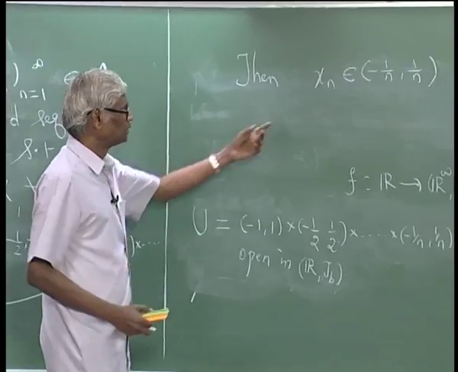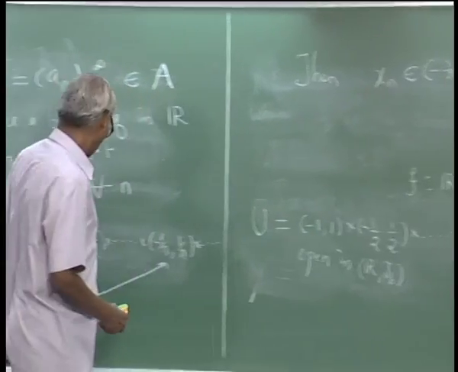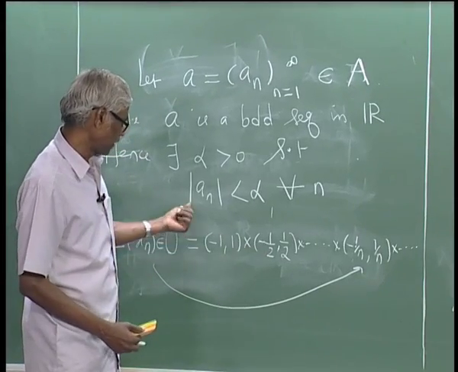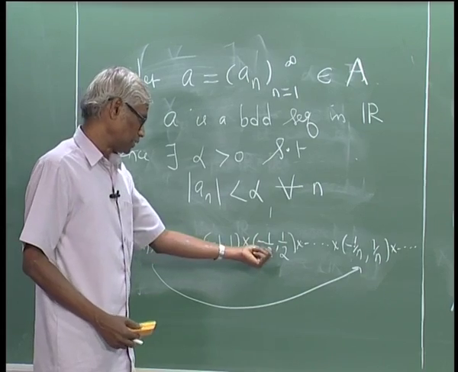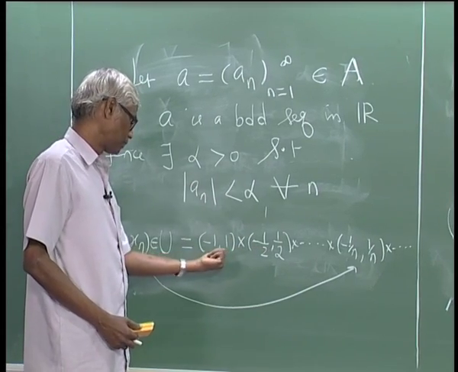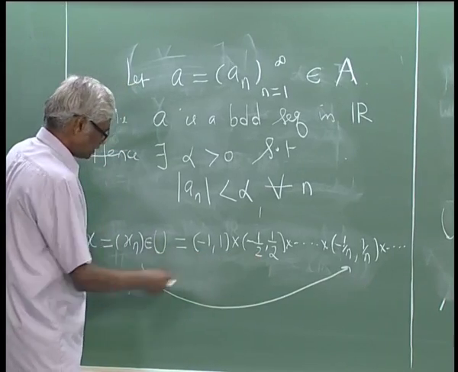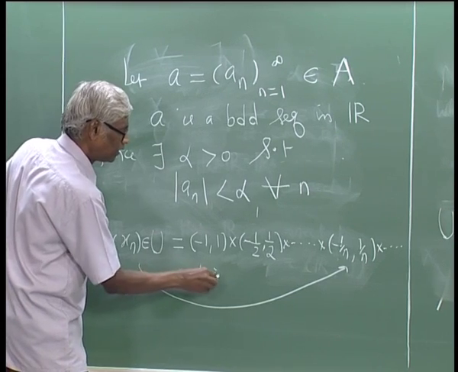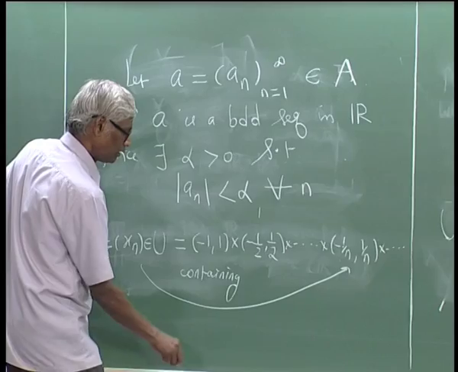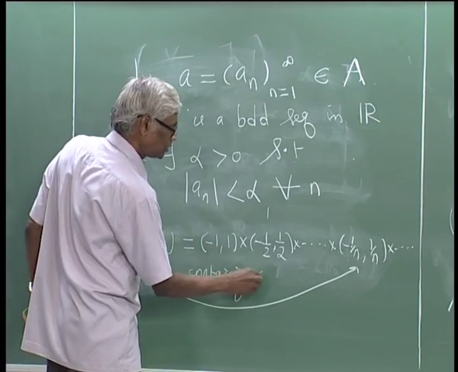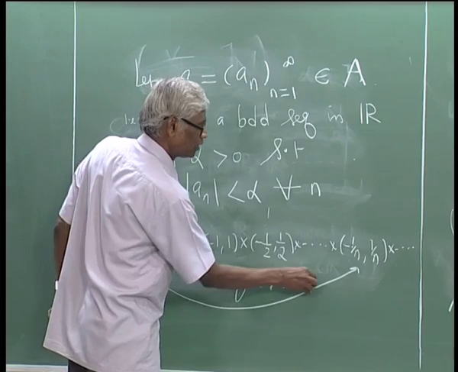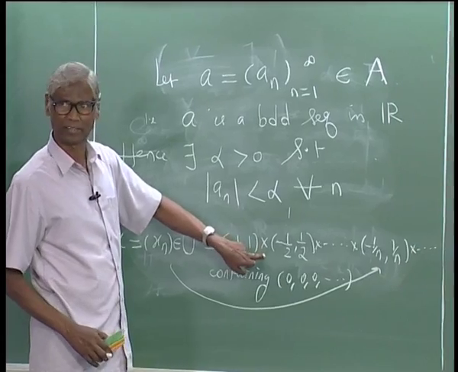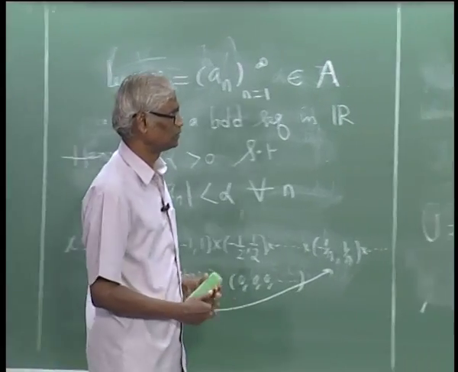So, this means xn and here. So, in fact, if we consider this is an open set containing the origin, so 0, 0, 0. Now we just translate this open set.